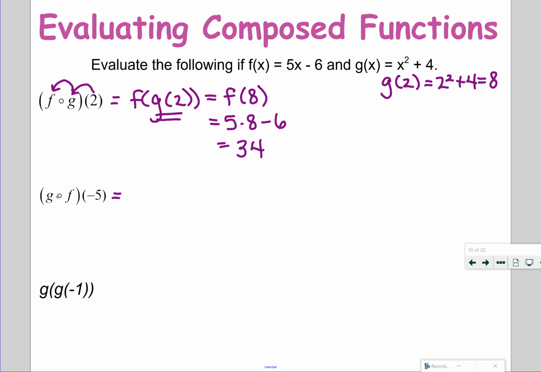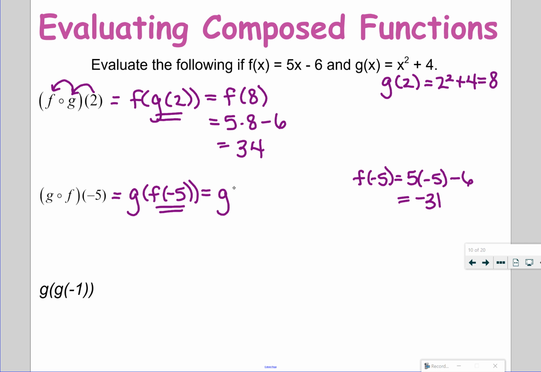Here we're doing G of F of negative 5. So I'll write it like this, G of F of negative 5. Here the first step is to find F of negative 5. So again, I'll do that to the side. F of negative 5 equals 5 times negative 5 minus 6. That's negative 25 minus 6, which is negative 31.